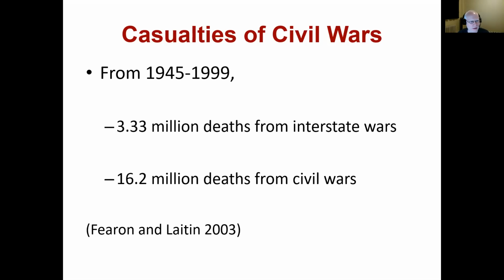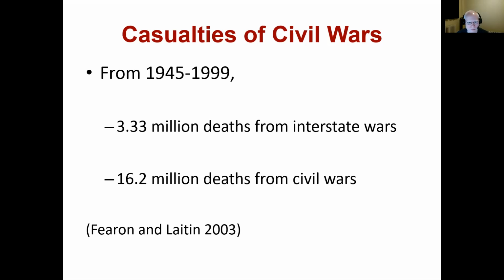From 1945 to 1999, so the Cold War period and the first 10 years afterwards, there were 3.33 million deaths from interstate wars. That's a lot of deaths, and so understanding interstate wars is certainly very important. But there were 16.2 million deaths from civil wars. So a much larger number of people were killed from civil wars, meaning that understanding civil wars would certainly be important.